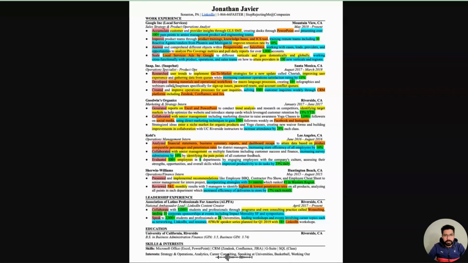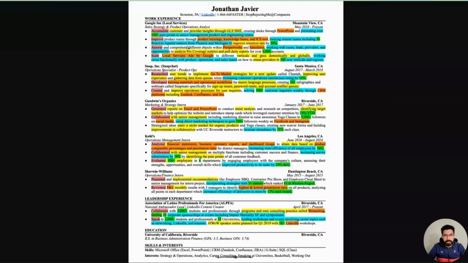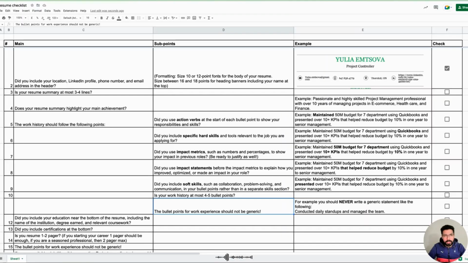So this section, which says work experience, is generally your work history, where you mention the company name and the position you held at that company, the location, and the time duration of the amount of time you worked for that company. So whenever you're writing these work experience bullet points, we need to be careful about a few things.